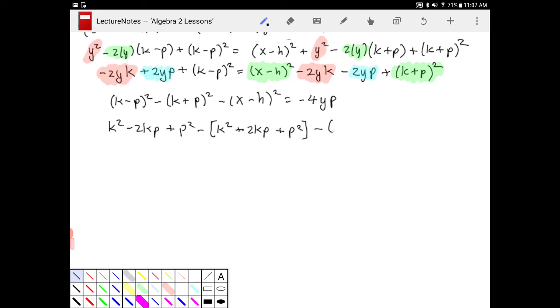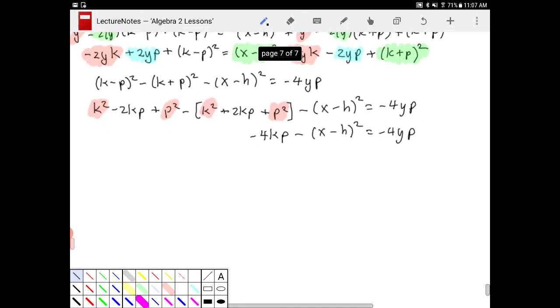And again, I'm strategically choosing not to FOIL out x minus h quantity squared. Now I'm going to eliminate. If you notice, these k squareds will cancel, the p squareds will cancel, and I can combine the negative 2kp to make negative 4kp minus x minus h quantity squared is equal to negative 4yp.